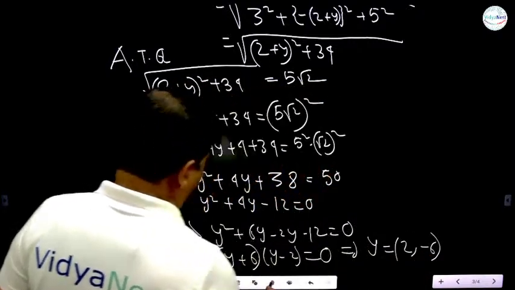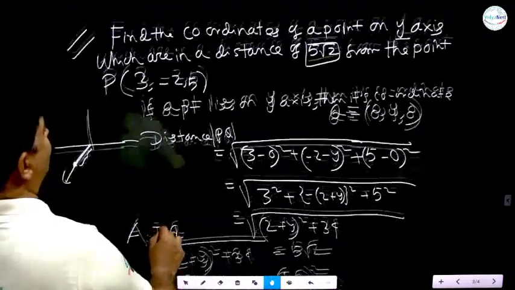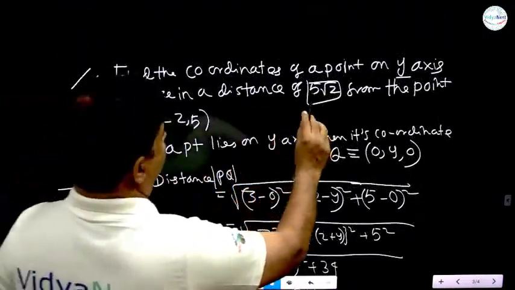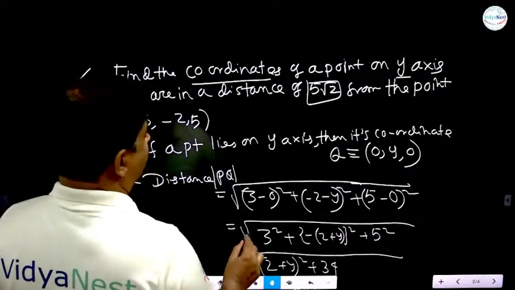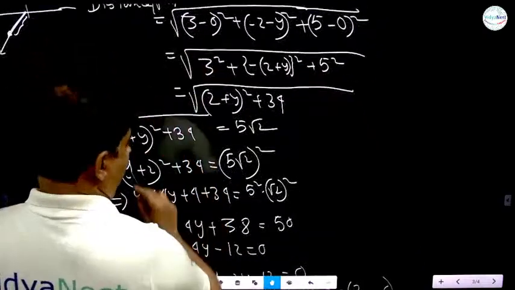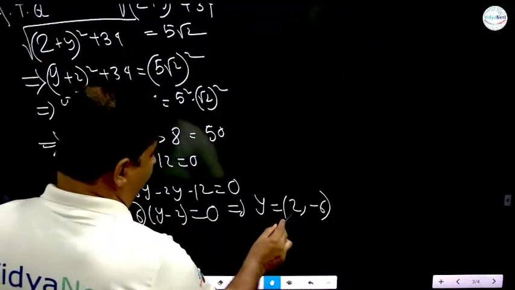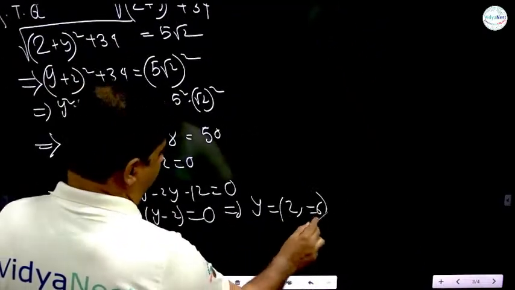That's why, if you observe the question, it is given plural, coordinates, not coordinate. So y can be either 2 or minus 6.